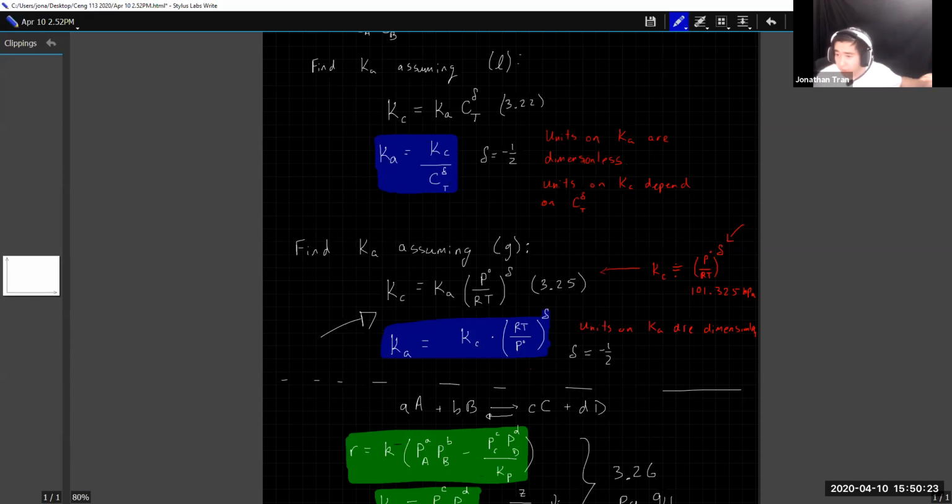So if you mean pressure as the reactor pressure, I don't believe so. I don't think Kc is dependent on pressure either. So no, it shouldn't be affecting Ka. Ka is only a function of temperature. No problem.